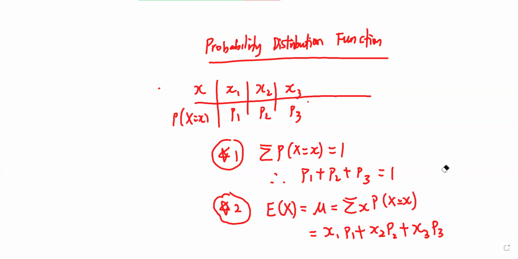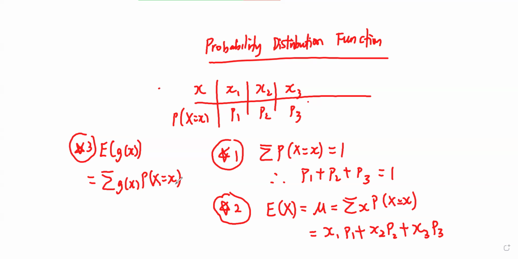Concept three, for a distribution function: we learn how to get the expectation of a function g(x). It will be equal to the summation of g(x) itself multiplied by its probability.